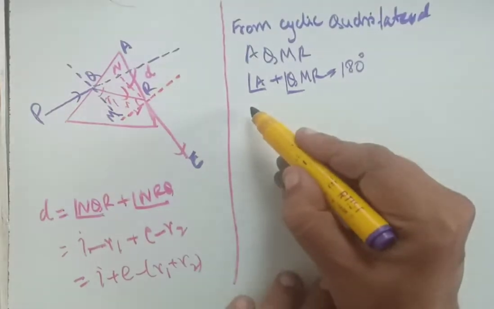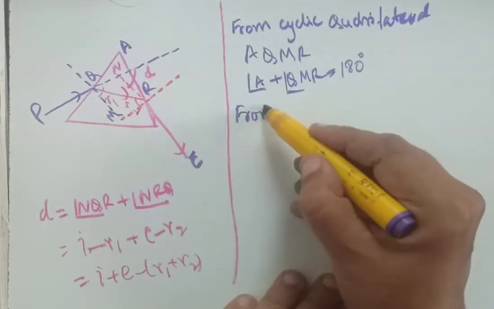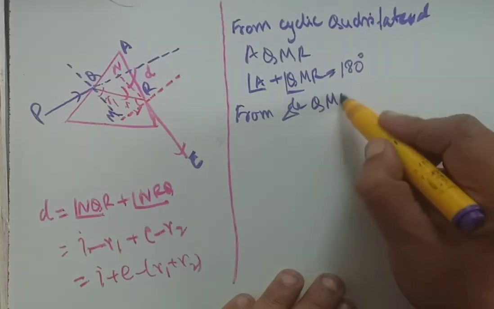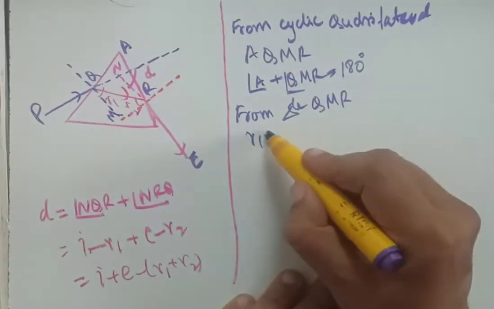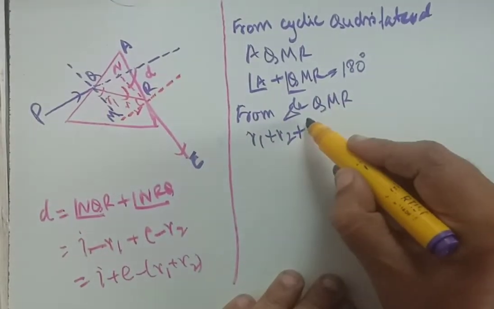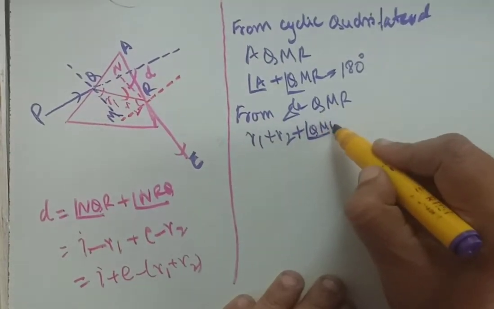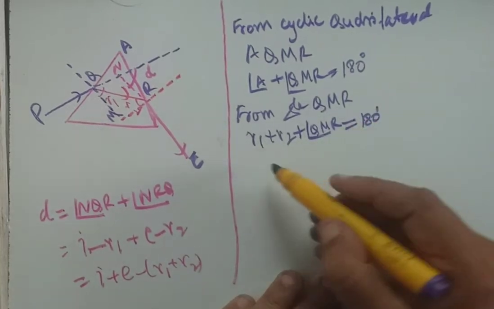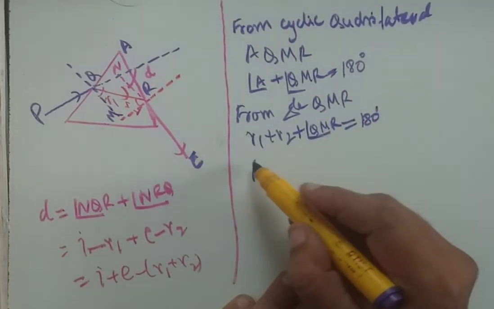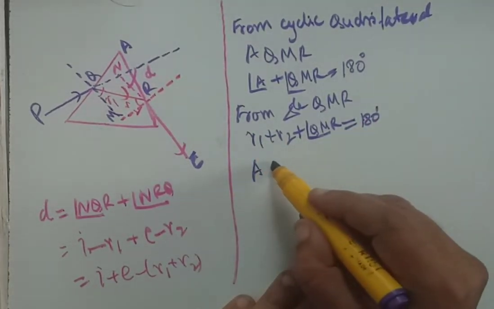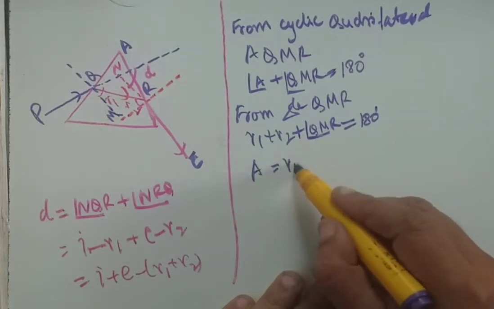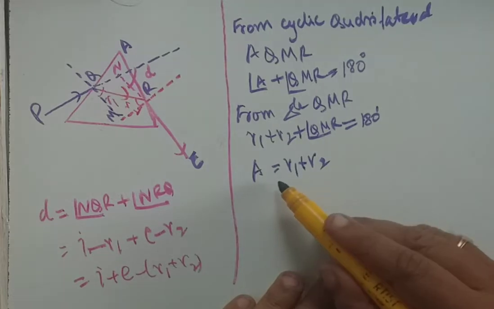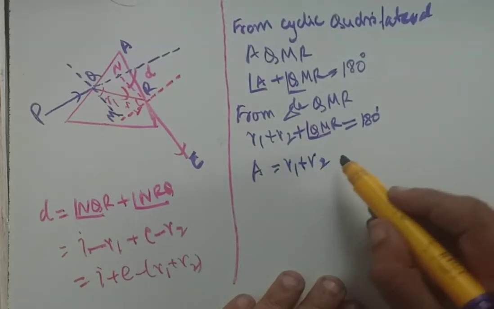And from triangle QMR, R1 plus R2 plus angle QMR equals 180. From these two equations we can write angle A. Here and after I will drop the angle sign, I simply write A for angle A, equals R1 plus R2.